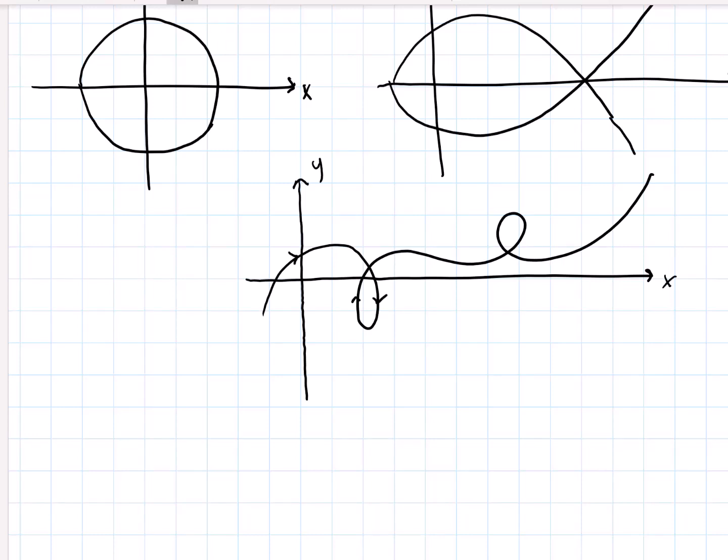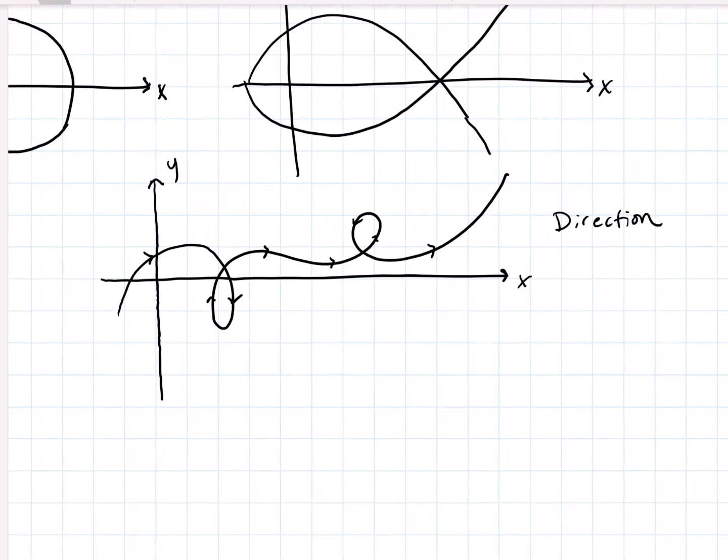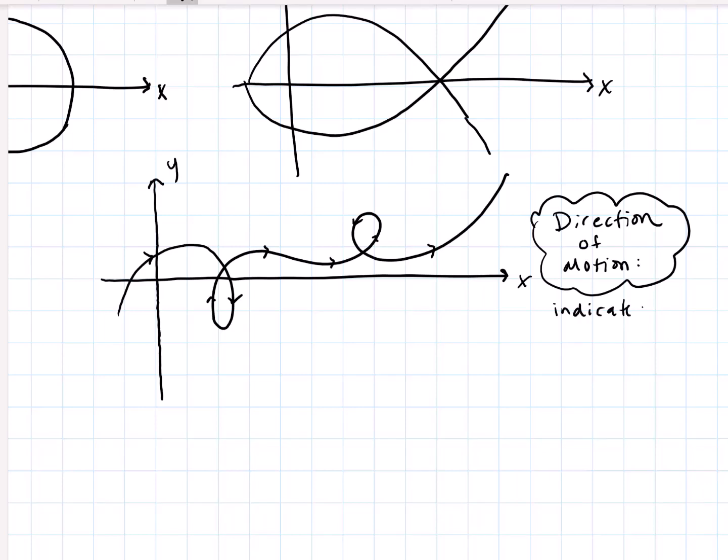We want to talk about traversing this pathway through the xy plane in a specific direction. We call that the direction of motion. And on this particular one, we've indicated it on the graph with arrows.